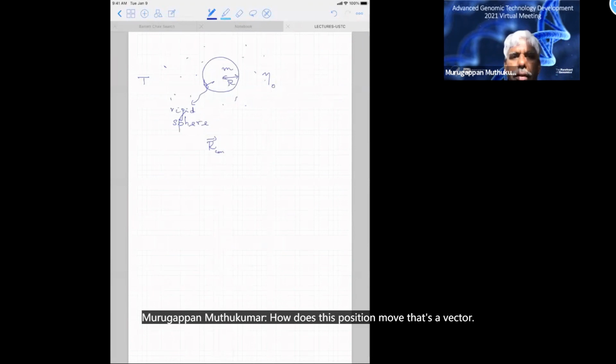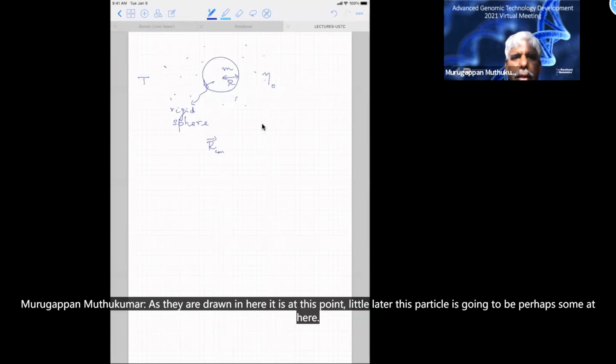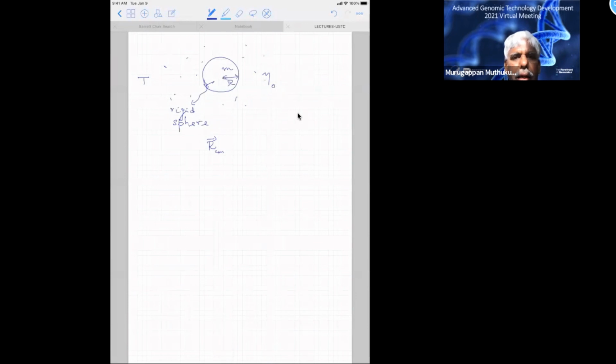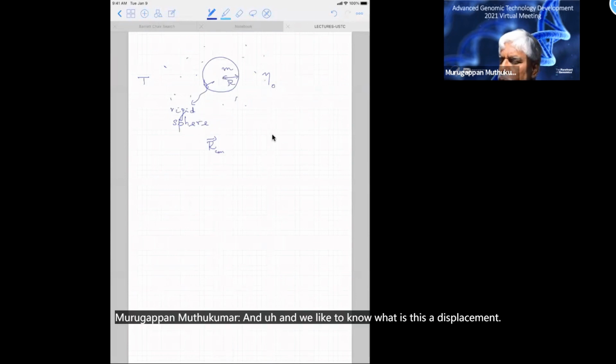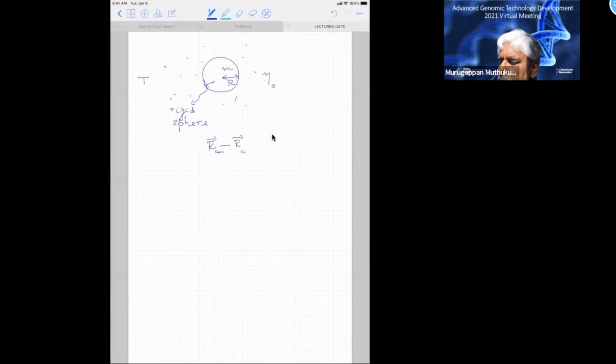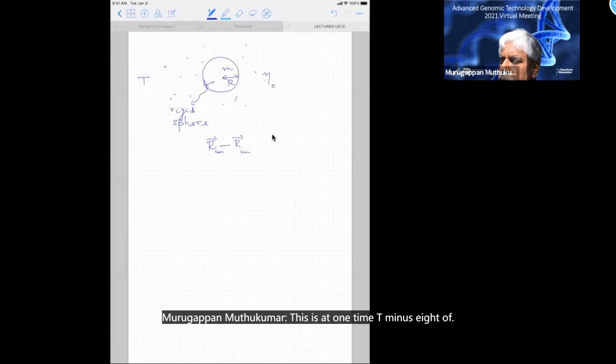That's a vector. As I have drawn in here, it is at this point. A little later, this particle is going to be perhaps somewhere here. And we'd like to know what this displacement is, at time t minus that at time 0.